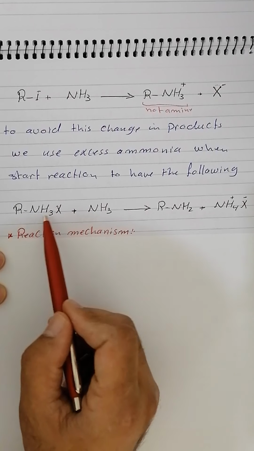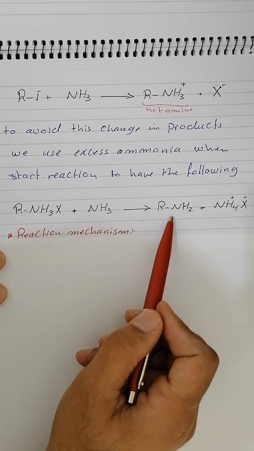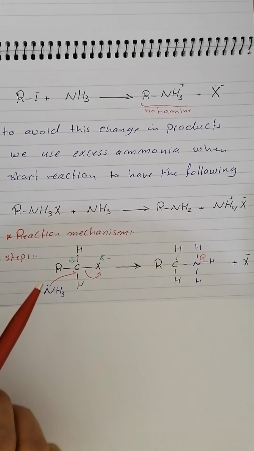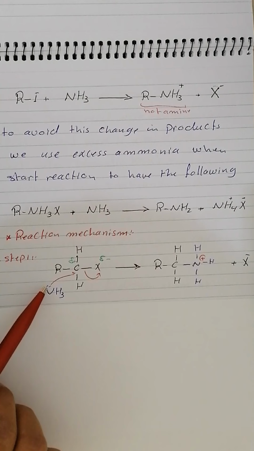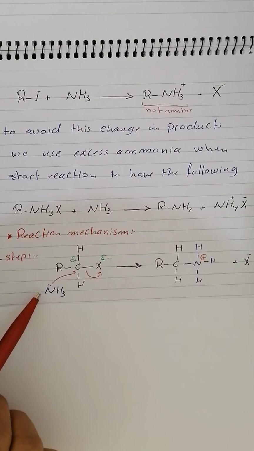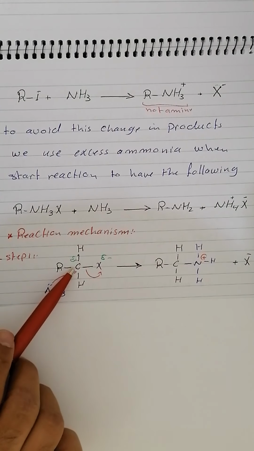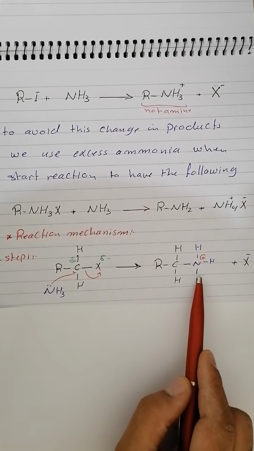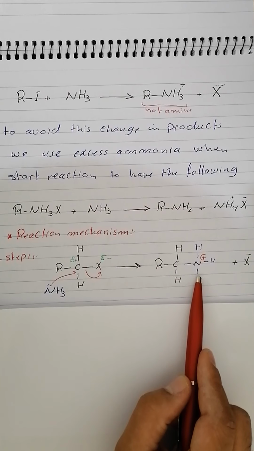How will it react with this product to give me amine again? When the first ammonia molecule reacts, it will attack the partially positive charged carbon, which is bonded to the halogen, and it will give me this structure.